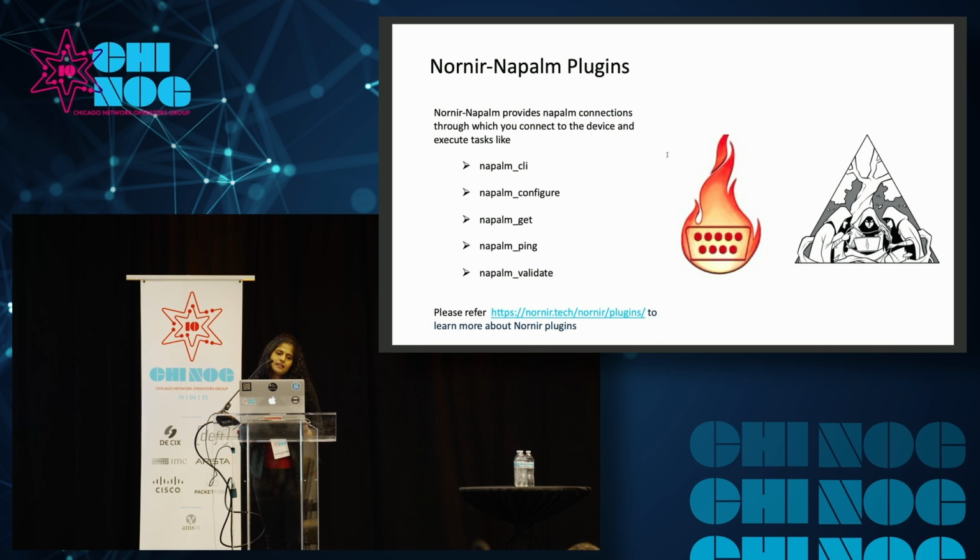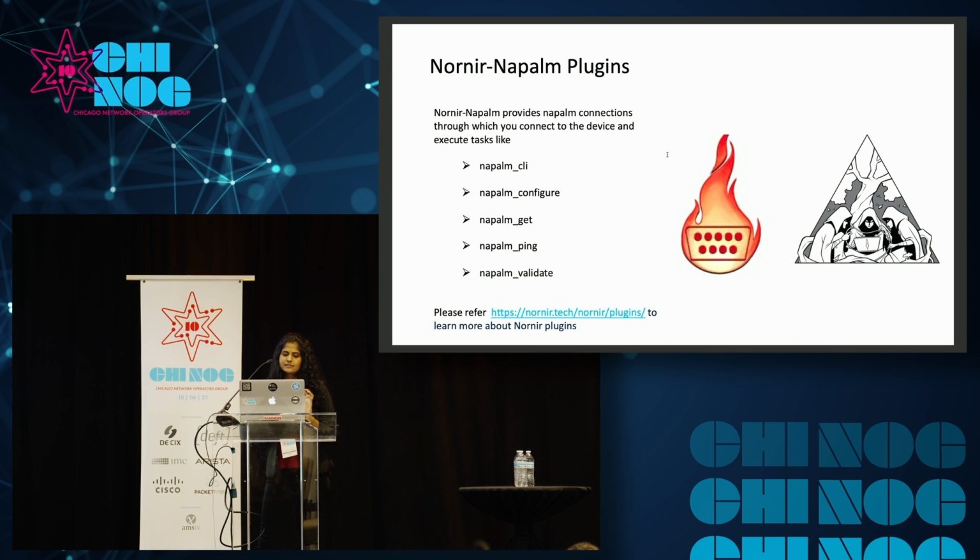So these are different Nornir Napalm plugins, which help you to connect to the device and execute different tasks on your network devices, like napalm_cli for show commands, where you can get the result of the show commands, and napalm_configure to configure data into the devices. Napalm_get is to retrieve the information, as we have seen all the operational data APIs in the Napalm slides.